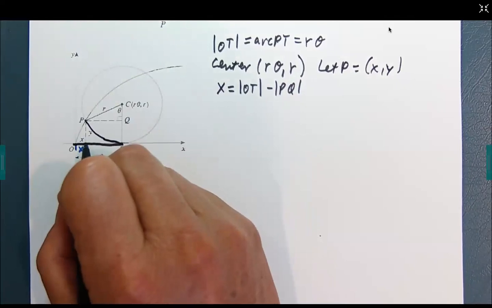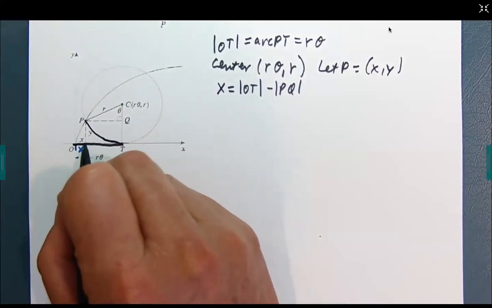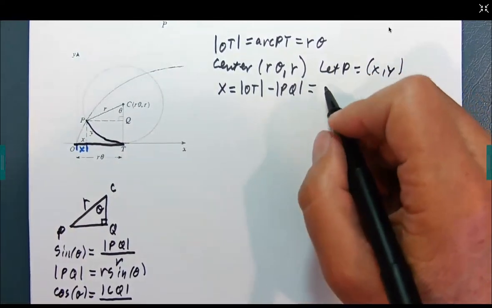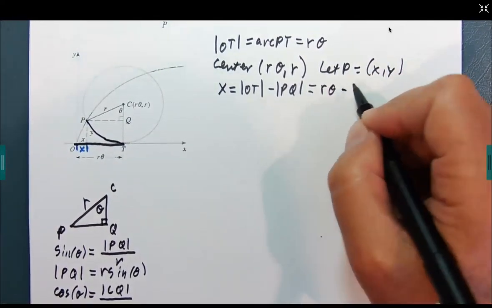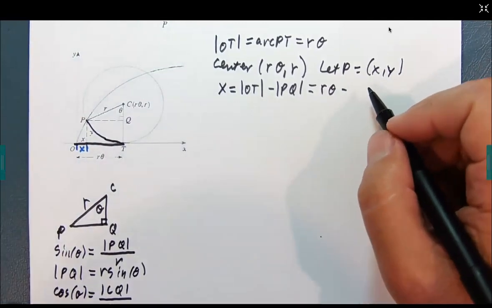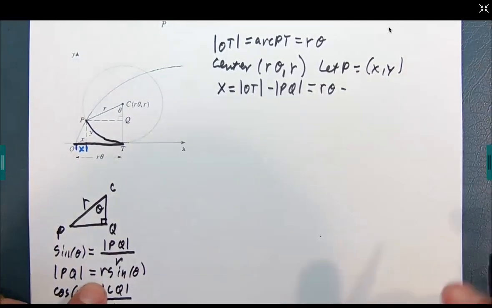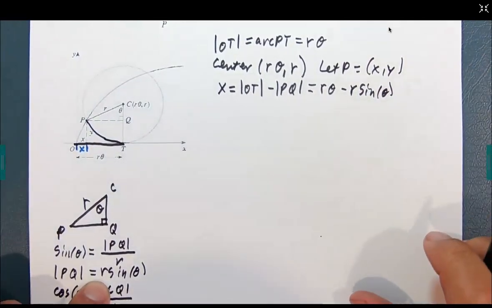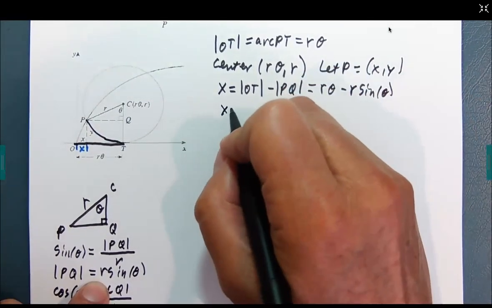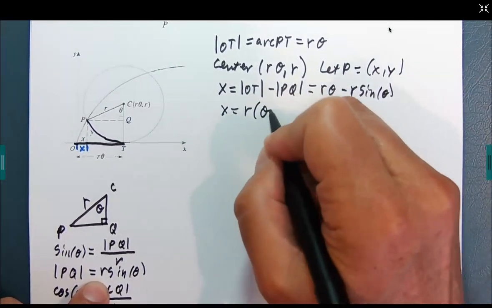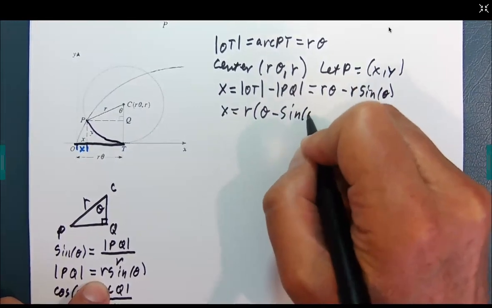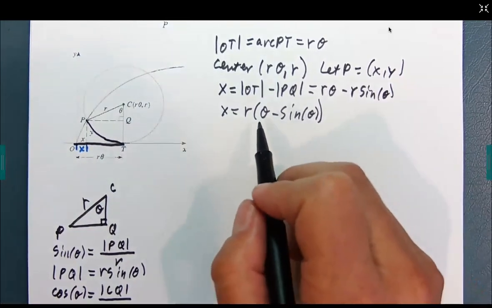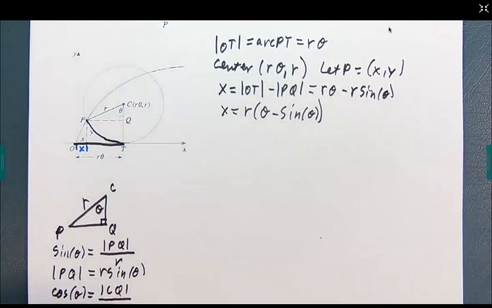So PQ is from here to here. So OT minus PQ is going to give me my x. And we know that OT is R theta. And PQ, we just defined down here, is R sine theta. So we can now say that x is R times theta minus sine theta. So there's our x parameter, where theta is our parameter.